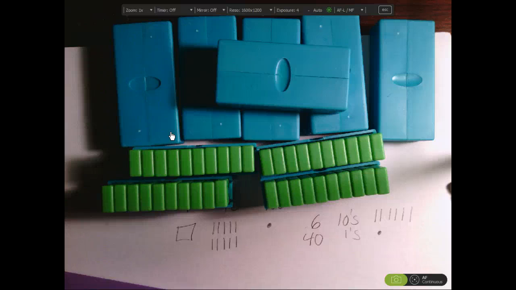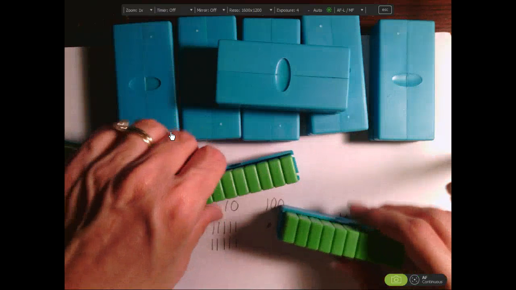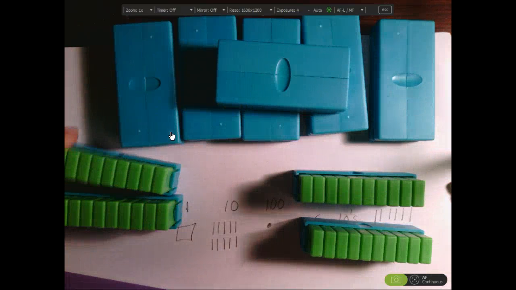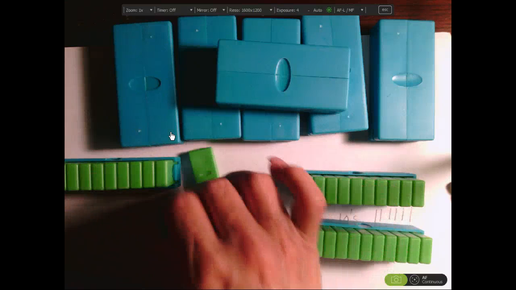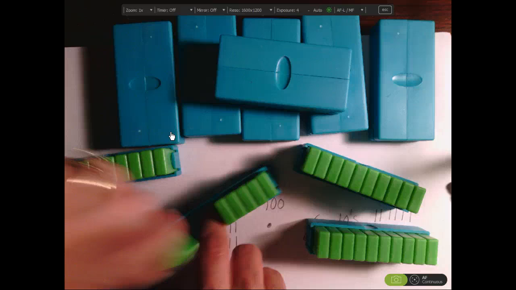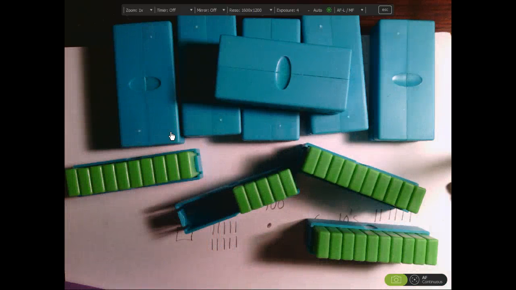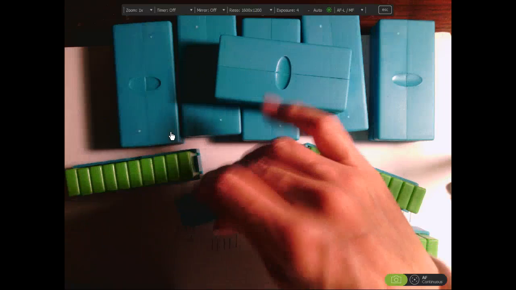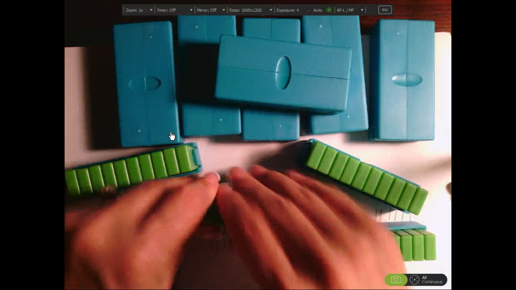Can you think of any other ways? What if I only had 25? Is it possible to make 100 if I don't have a complete set of 10? If I want to make an even 100? Is that possible? It looks like we would still have to make a complete group of 10 somehow to get a complete 100.